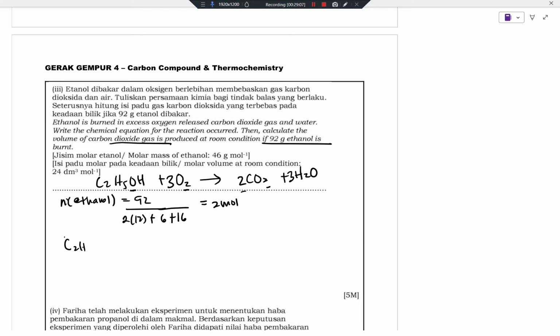Ethanol C2H5OH, carbon dioxide CO2, so 1 to 2 lah. So if this is 2, here should be 4 mole. So அவங்களுக்கு என்ன வேணும்னா volume. Volume is equals to 4 mole multiplied 24. So 24, 24, 24, 24, 96.